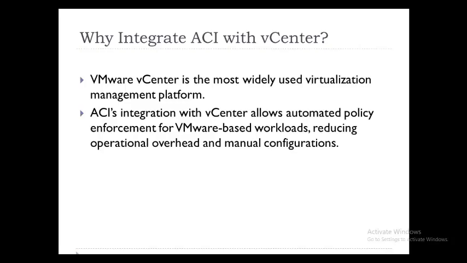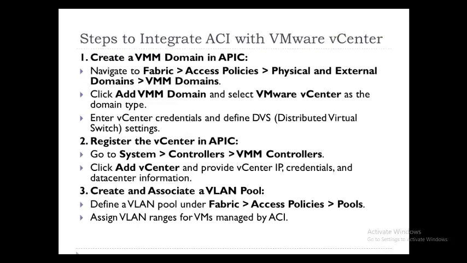These are the configuration steps. First, you need to create a VMM domain and then register the vCenter in EPIC. For that, you need to know the IP address of the vCenter and the password of the vCenter, and then create and associate VLAN pools that are going to be used in ACI as well as in VM.